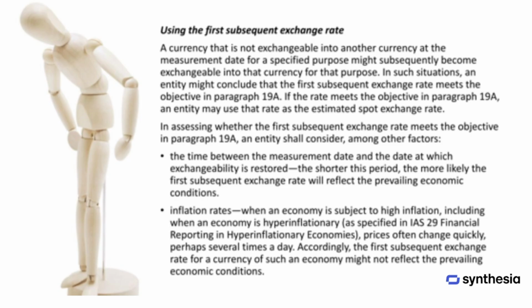If too much time passes, that rate may no longer represent the market situation at the measurement date. Second, the inflation rates in the economy. In economies experiencing high inflation or even hyperinflation as defined in IAS 29, prices can change rapidly, sometimes several times a day. In such cases, the first subsequent exchange rate may not truly capture the economic reality at the measurement date because of the fast-changing price levels.